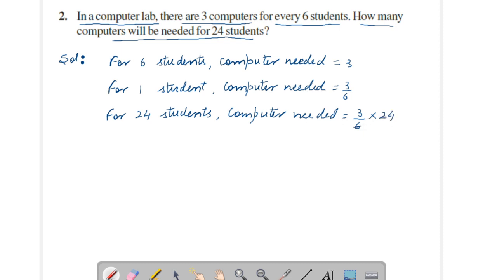Simplify it. 6 4s are 24. Here multiply 3 into 4. You will get 12 computers. This is your answer.